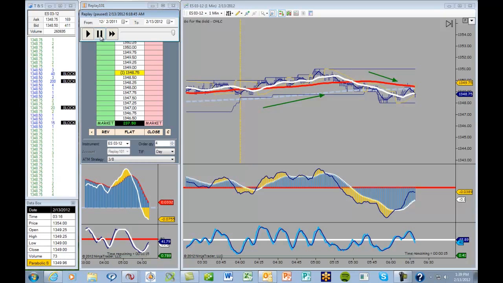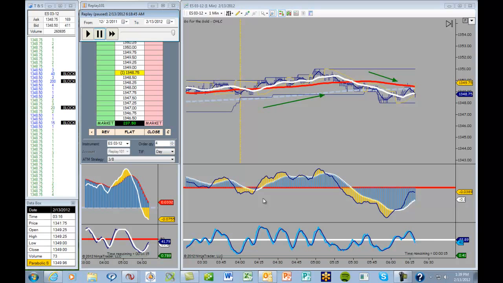Now this MACD has a long way to go before it's going to turn bearish, even though our stochastic is heading below the 50%. Over here, again, MACD looks bearish, but not so much on the stochastic.